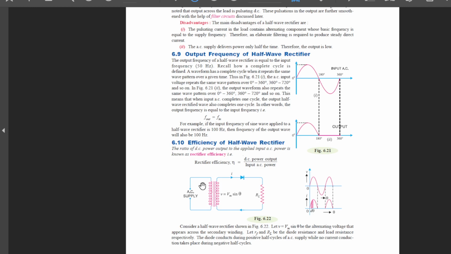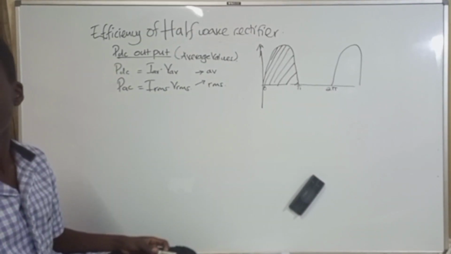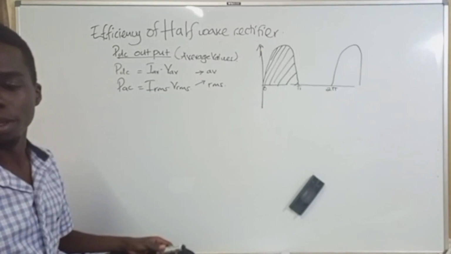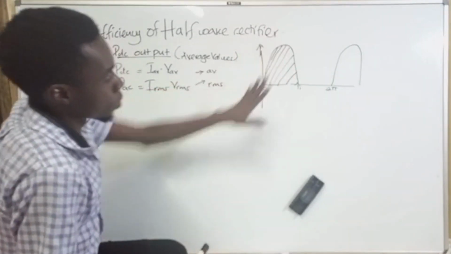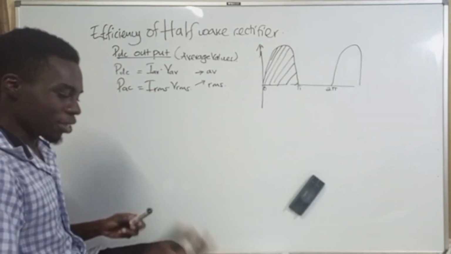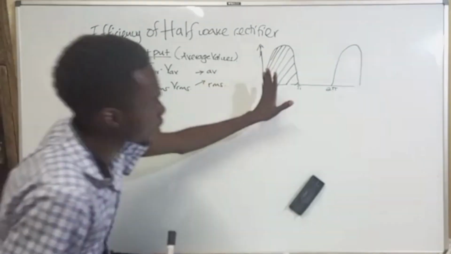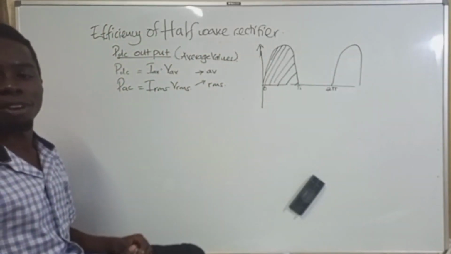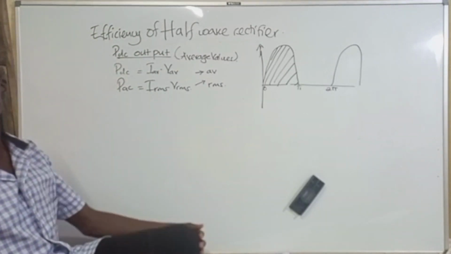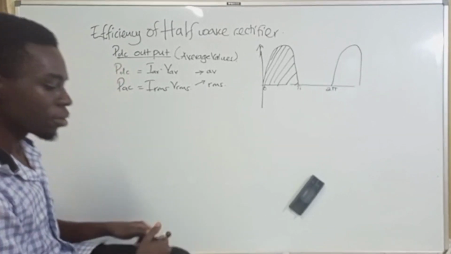So if the average power is what is being contained in this half of the cycle, let us look at the board and then we proceed. I don't know how to put it in simpler words, but we are going to have to integrate this cycle in order to get the average power that is being given in that half of the cycle, okay?